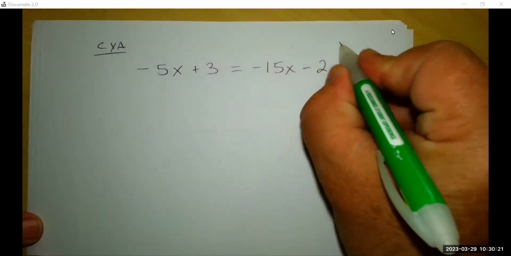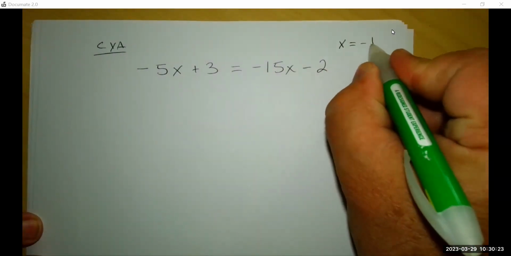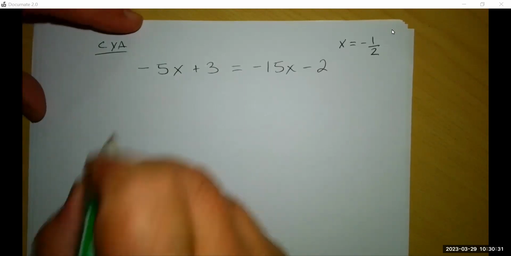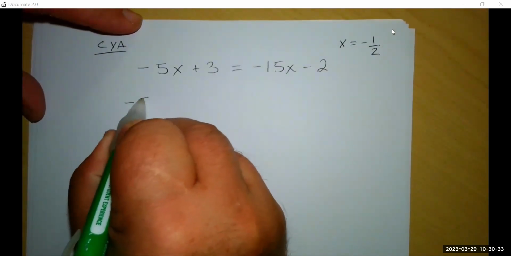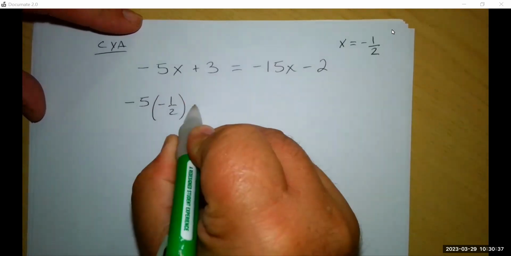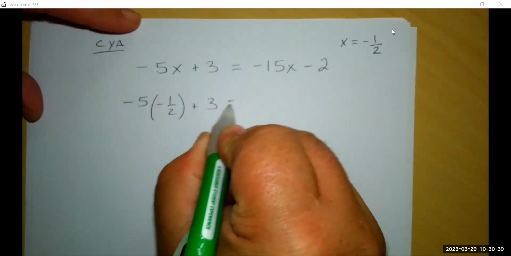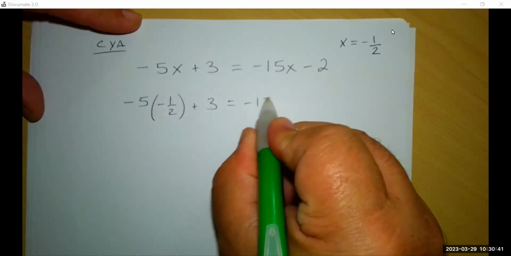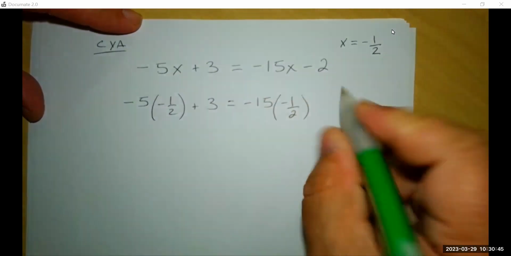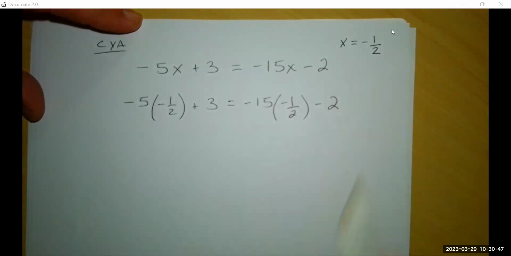And we're saying the answer is x equals -1/2. So we have -5 times -1/2 plus 3, equals -15 times -1/2 minus 2.